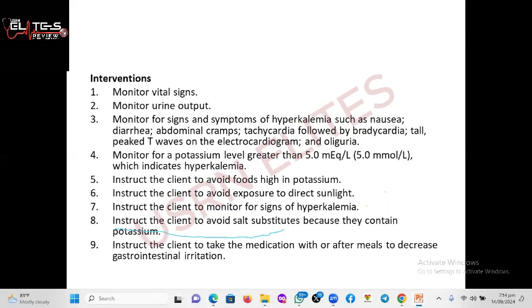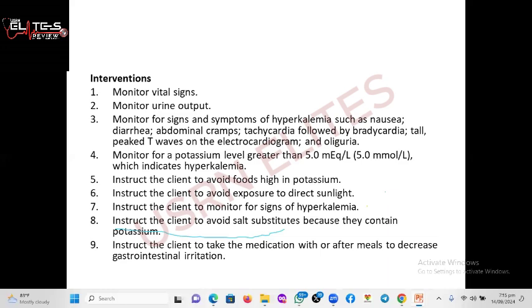You need to be very careful on that. Then you monitor vitals, very, very important. You need to monitor urine output. And we know that when there is any form of potassium disturbance, in the EKG there's going to be a top peak T wave. Especially in a hyperkalemic state, in the EKG you're going to have a top peak T wave.